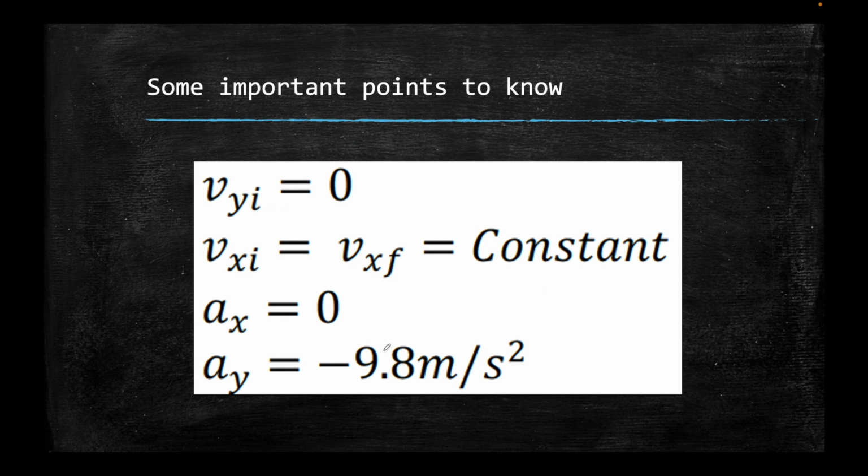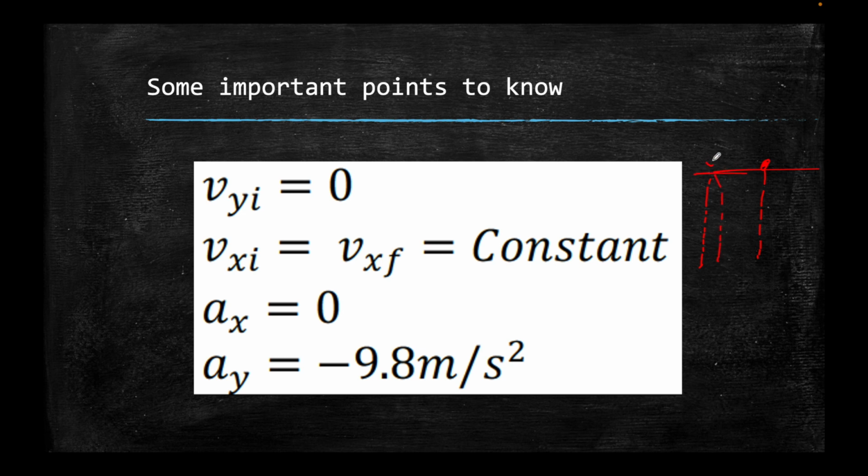So here's a little recap of that. Sometimes you know that the vertical speed, if let's say something is being dropped down, you can say that the speed at the very top of the motion will be 0. So that's what this one means here. The starting speed in this case would be 0. If I threw it up, doesn't matter. Again, it will reach a certain height and it will come back down, like I mentioned earlier.